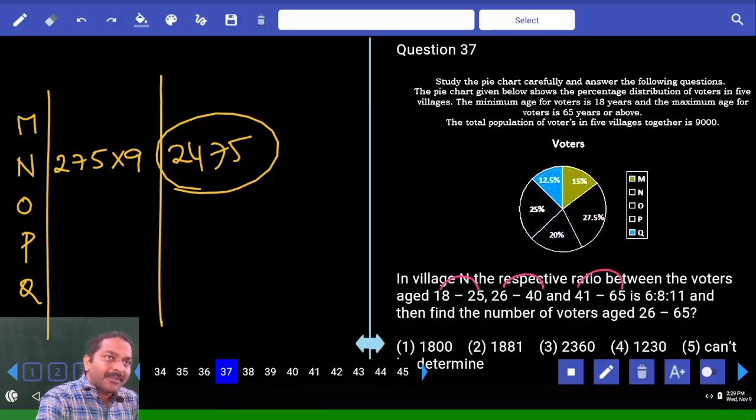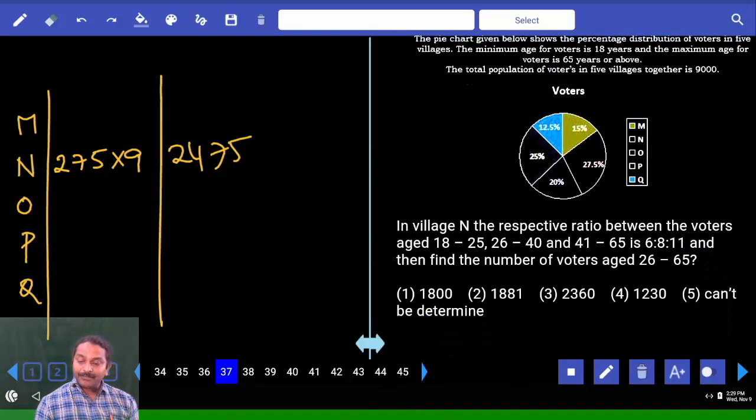Reason: under this ratio, people who are above 65 years are not covered. Hence this can never be equal to 25 parts. So in that case, can you answer the question? Answer cannot be determined.